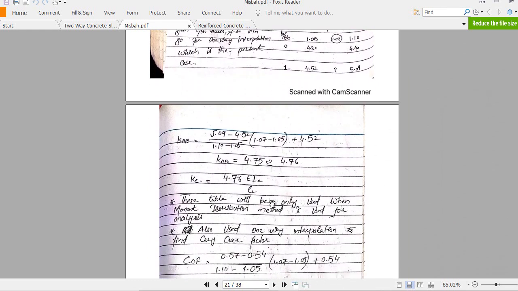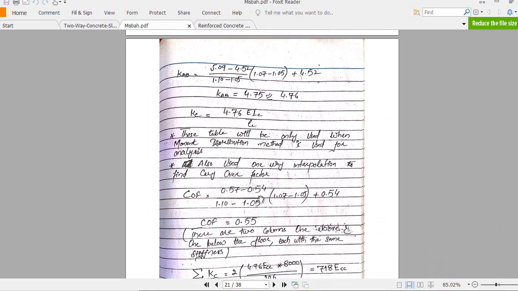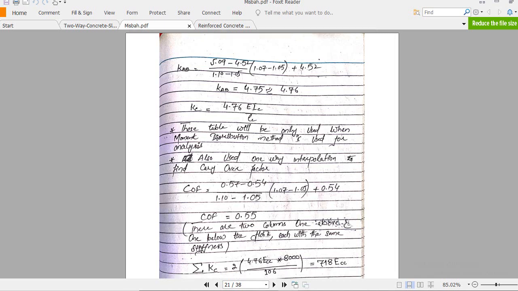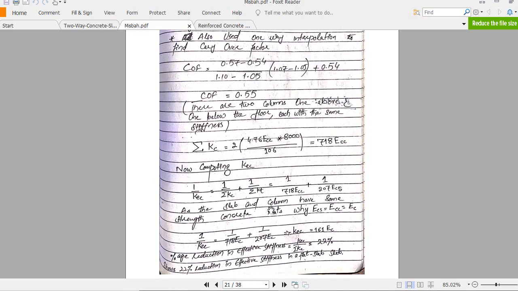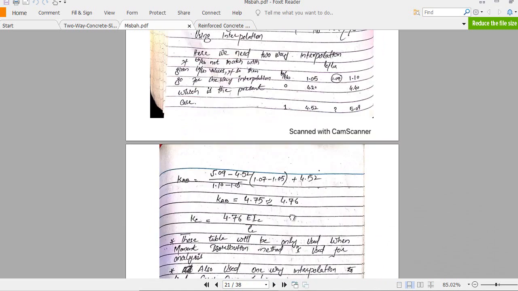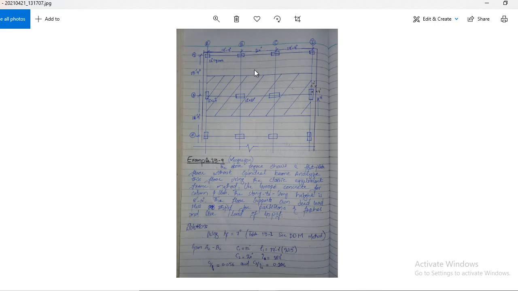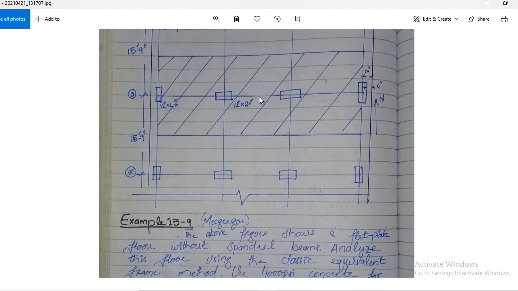So here I am not going to explain these steps. You have to go to my lecture number 2 in equivalent frame method, where I explain thoroughly these steps. Now this is the example. Let me discuss it.